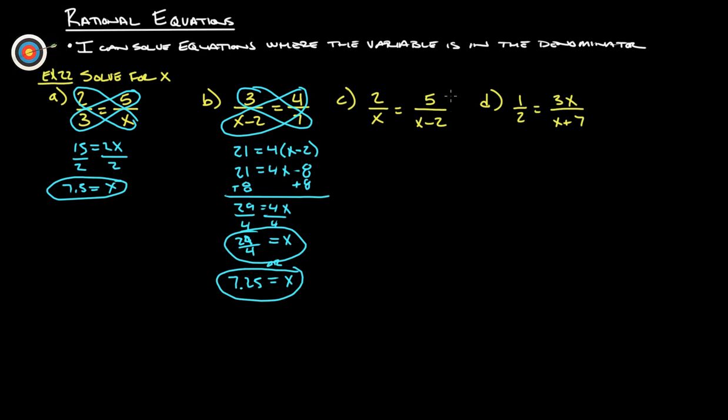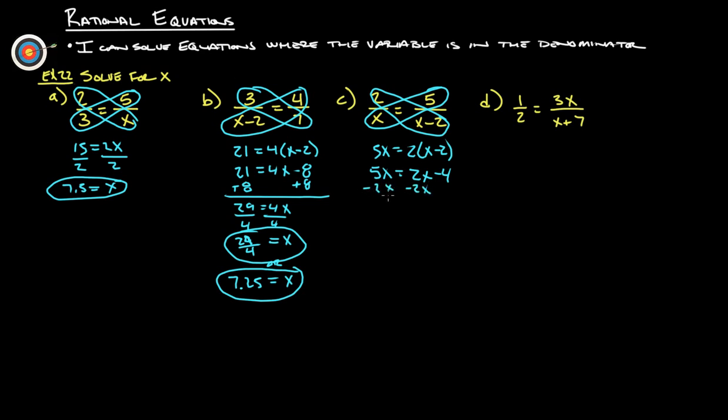This one here, cross products: 5 times x, or 5x, equals 2 times x minus 2. So we get 5x equals, distribute that through, 2x minus 4. We've got the variables on both sides, so let's move the x's to the left side.